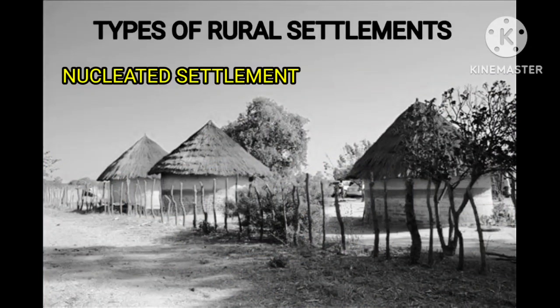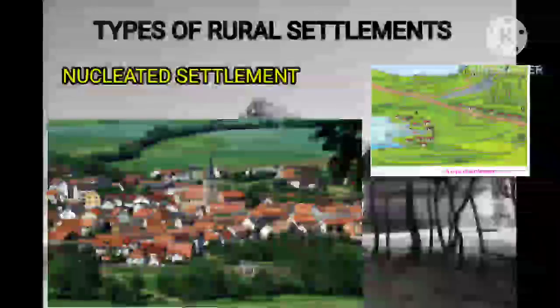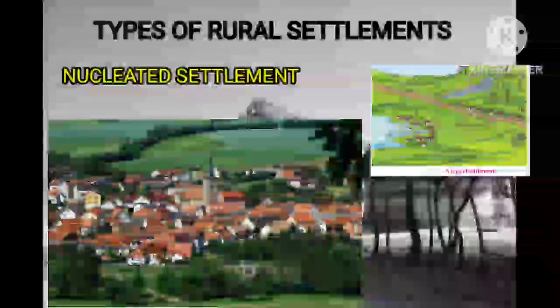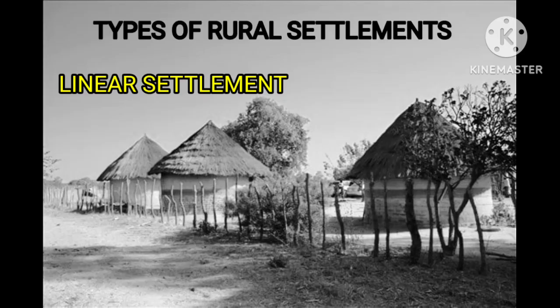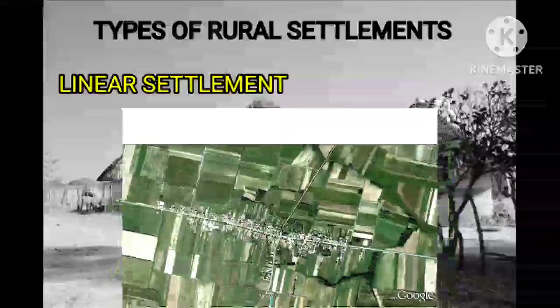If you see the distribution of the settlements, the nucleated or compact settlements are mostly found in river valley regions or where the agricultural land is huge or the agricultural facilities are more. Linear settlement is mostly dependent on the transportation line.